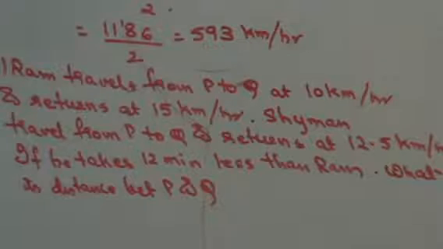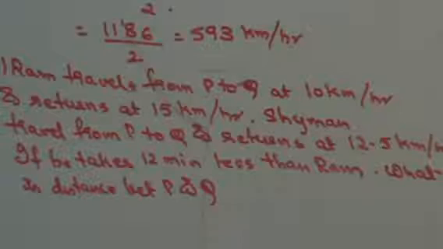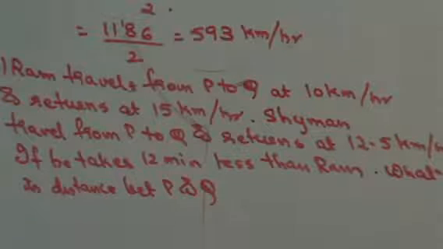I think we had done a sum like this in the previous lecture, where you have a person traveling from one place to another place. This is like the sixth sum in the previous lecture: Sohan travels from A to B at 12 kilometers per hour and returns at 18 kilometers per hour. Mohan travels from A to B and returns at 15 kilometers per hour, when he takes 30 minutes less. So I'm not going to do this sum because I've already done one sum of this kind.